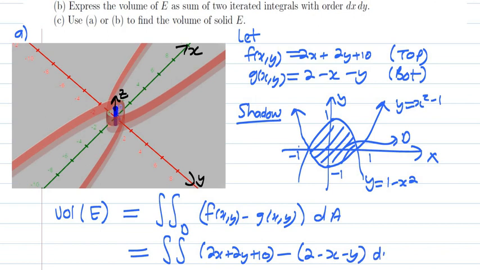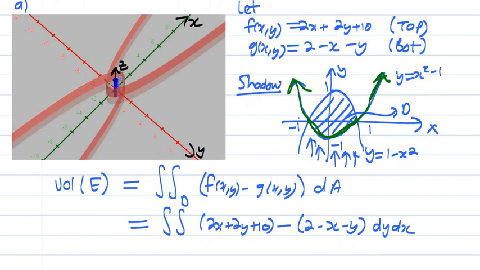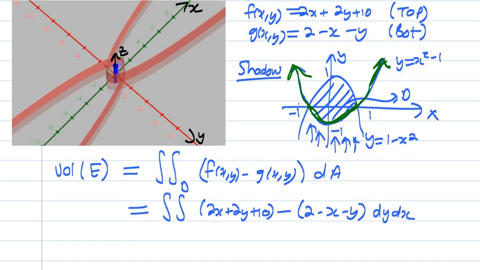And we have to use the order dy dx. So that means we are shooting vertical bullets. If you draw vertical slices, you can see it always starts on the green parabola and it always ends on the blue parabola. So there's no need to split up the region. It's a double integral.